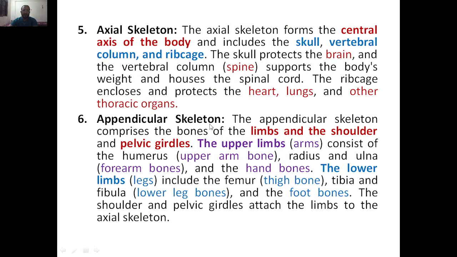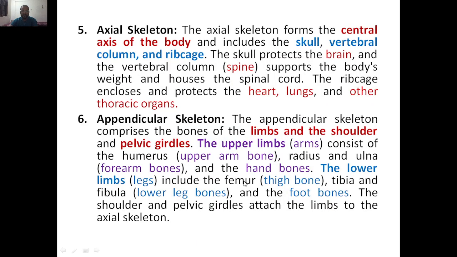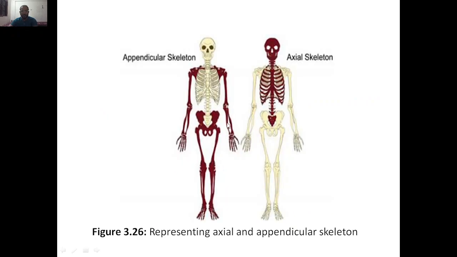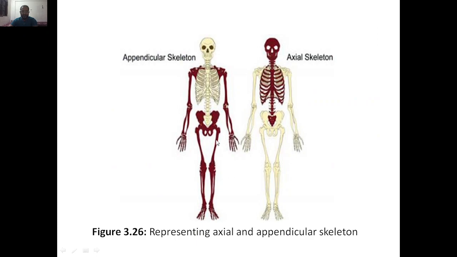Then speaking about appendicular skeleton. Appendicular skeleton is nothing but its outer part. Okay, it comprises the bones of the limbs and the shoulder and pelvic girdles. We will see the upper limbs, that is arms, consist of the humerus. Humerus is nothing but the upper arm. And then we are having the radius and ulna, that are called forearm bones. Next we are having the hand bones. Now the lower limbs, that is legs.